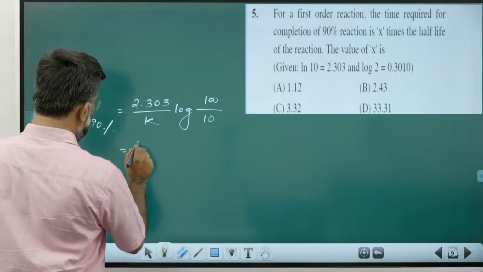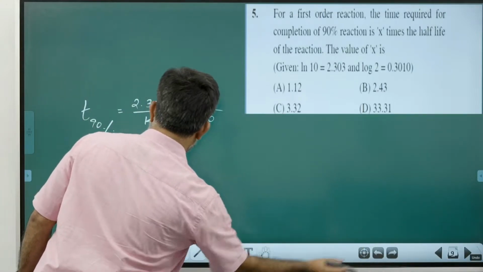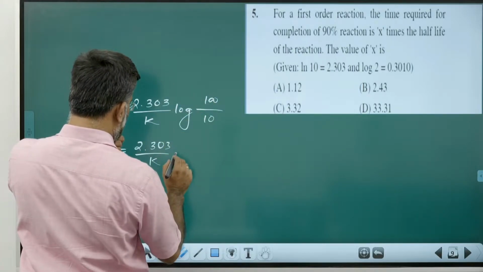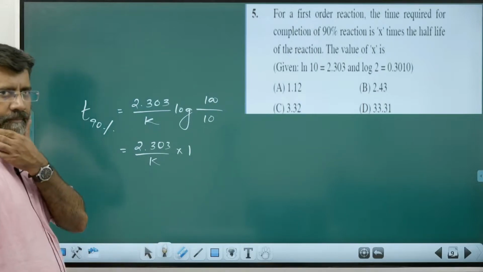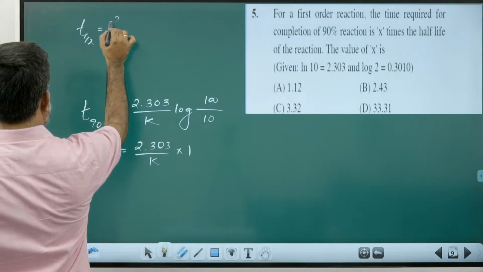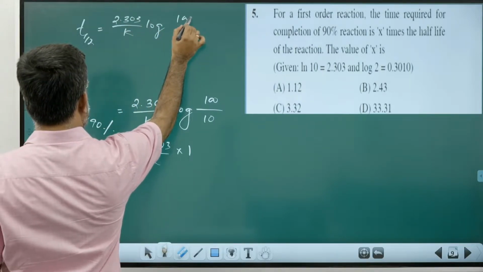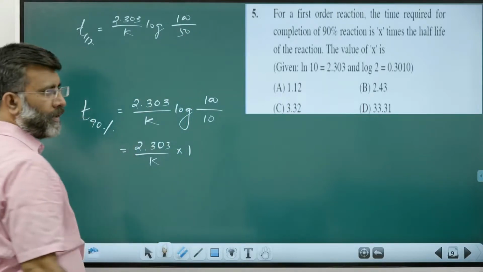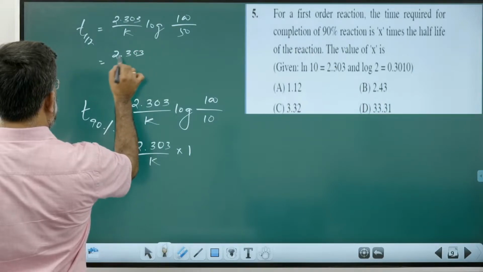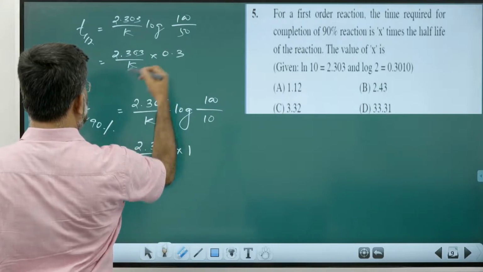That will be 2.303 by K log 10. Log 10 is 1, isn't it? And now, what about T half? T half is equal to 2.303 by K log 100 by 50, you know. It is log 2. So, what do you get? 2.303 by K into log 2. Log 2 will be 0.3.